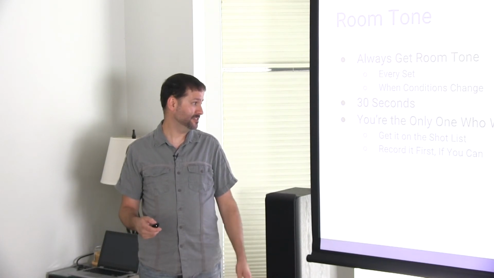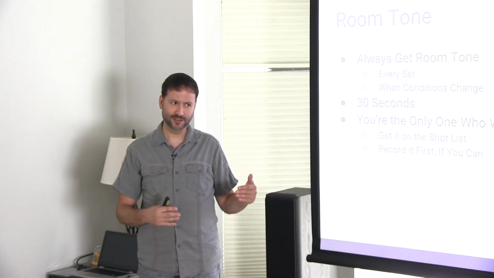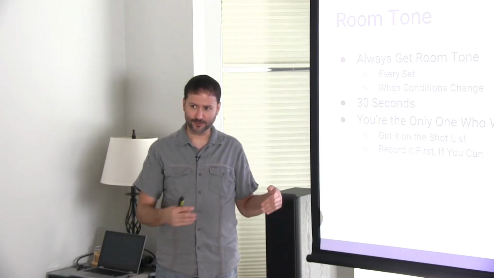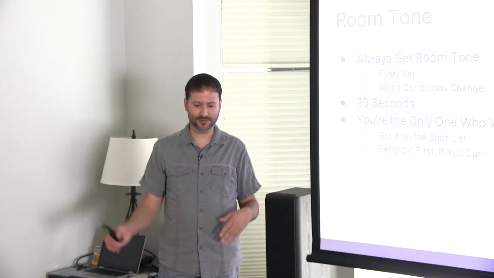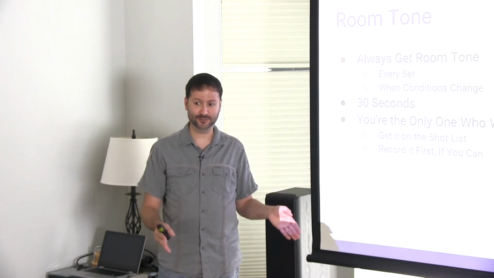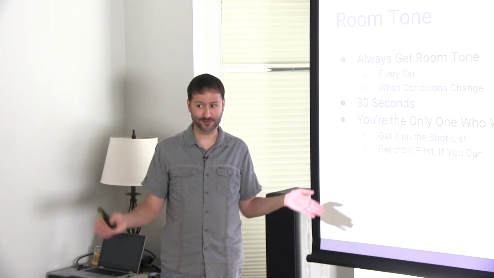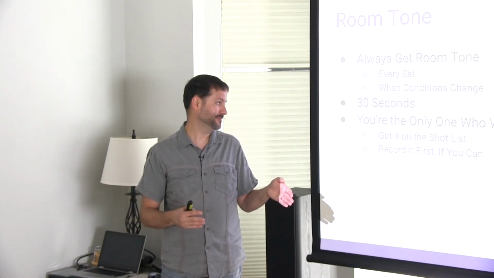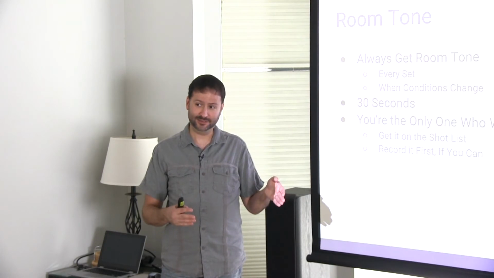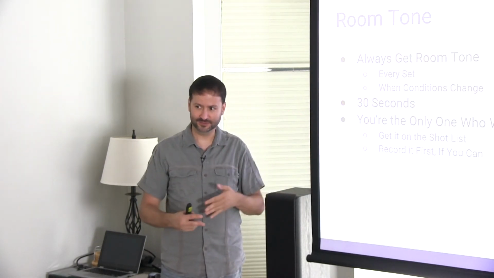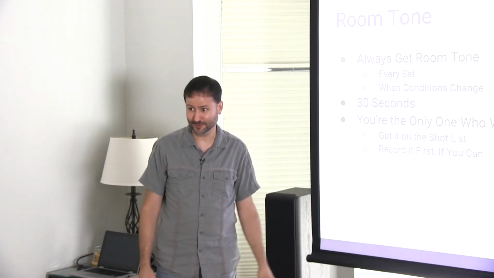And like I said, if you can record that first, not only do you have that out of the way, but you might be halfway through the scene and realize, oh, we never got room tone, and you could stop, interrupt, and say, hey, can we get room tone now? Or at the very least, you still might remember to get it at the end. But if you put it at the beginning, you're more likely to remember that you need to get room tone.